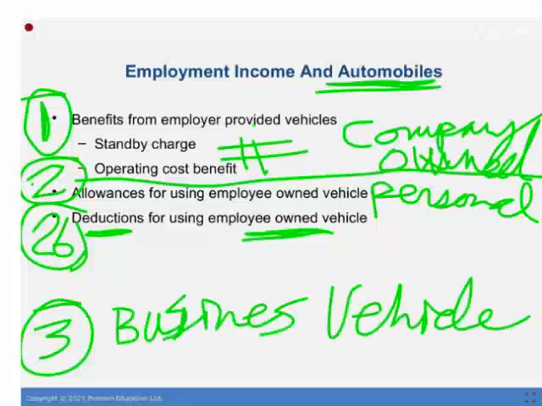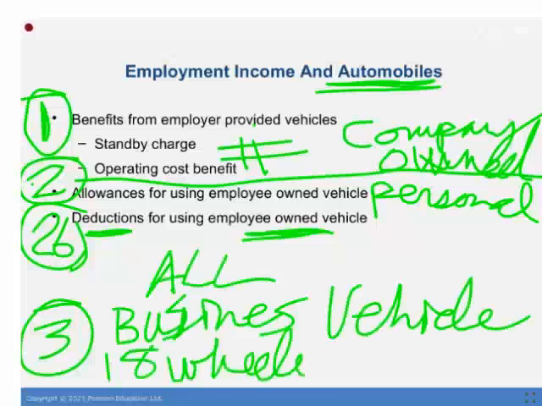Now, this is where this gets dicey and gray. What I'm talking about with this third, an all business vehicle, is the example that Danielle gives, a transport truck. If you've got, say, an 18-wheeler and you're hauling goods with it, that's a whole different scenario, right? You're not going to have to claim a personal benefit for that 18-wheeler.